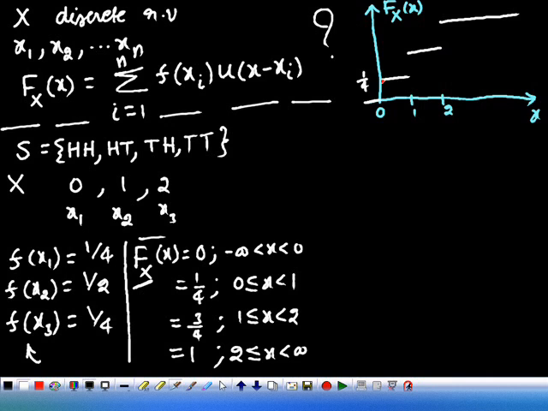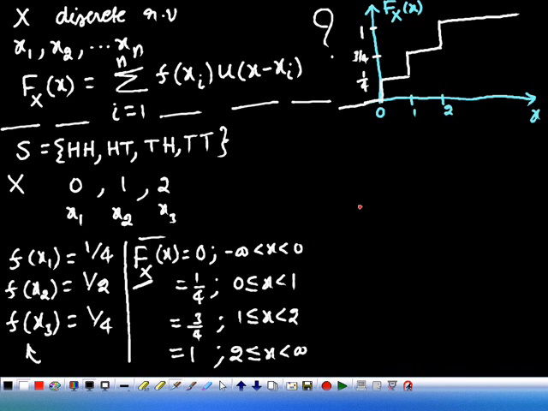Therefore, it is raised to 1 by 4 here, it is raised to 3 by 4 here, and it is raised to 1. So it is a non-decreasing function, and lying in between 0 and 1. Fx of x is greater than or equivalent to 0. All the properties are satisfied, and you can see that it is continuous from the right. That is, Fx of x is equivalent to Fx of x plus epsilon, where epsilon is a small value.